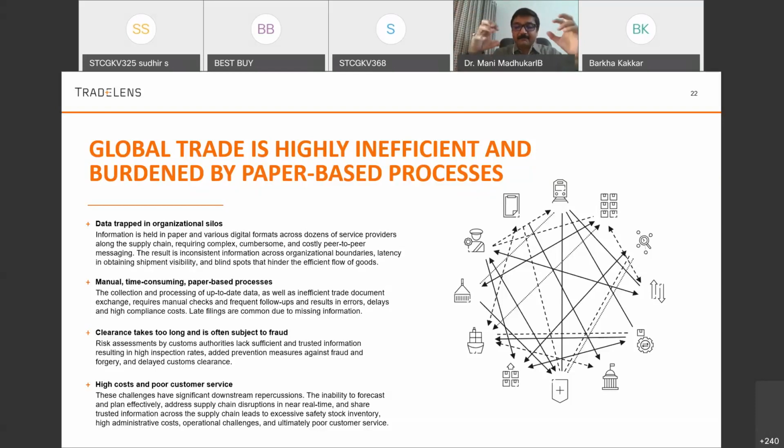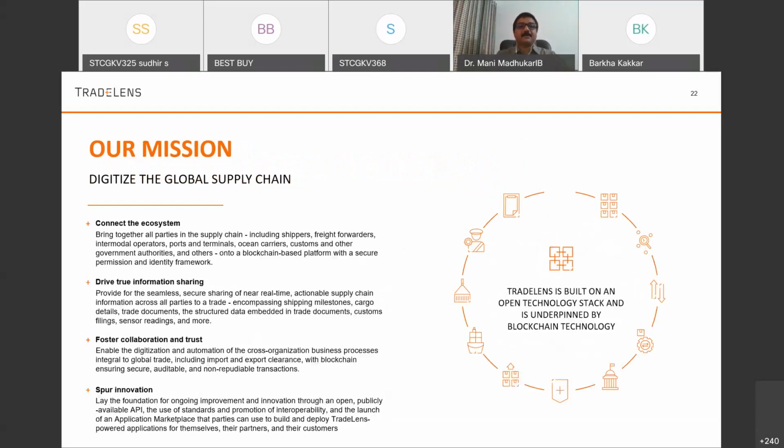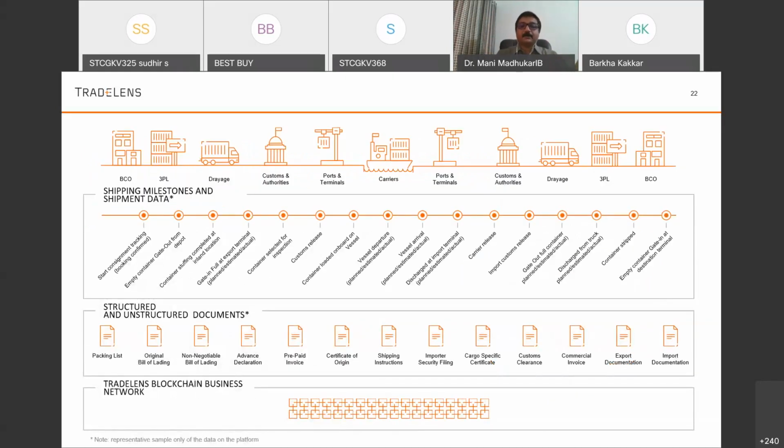And so much paperwork will happen between so many stakeholders, right? From the port authority, to customs, the carriers, the terminal, the banks, all of them. What TradeLens really helped do was bring all of these stakeholders onto the same network. So they're all on the same network today.